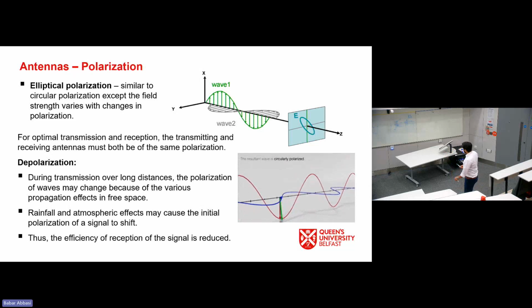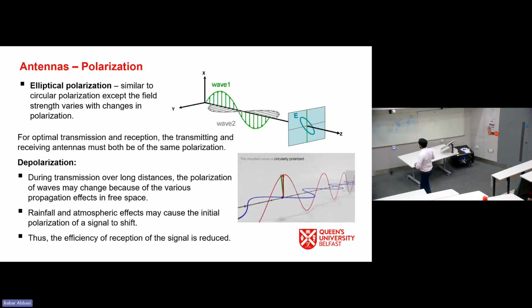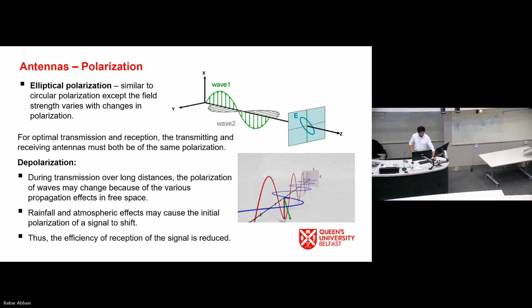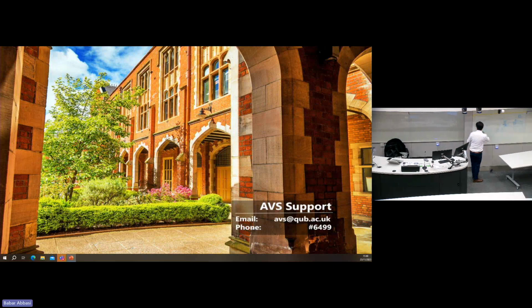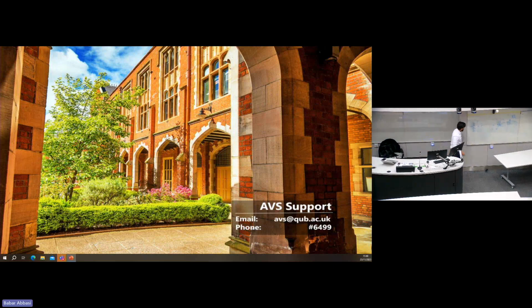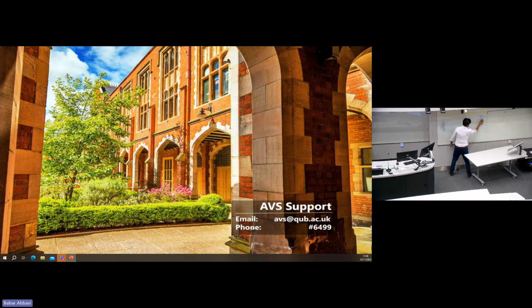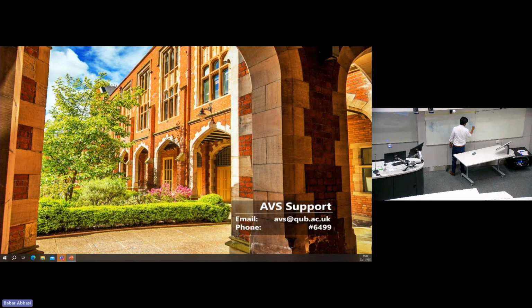Okay, so what I mean by that is, imagine I have this linearly polarized antenna and a simple circularly polarized antenna here, and another with a 90-degree phase shift.